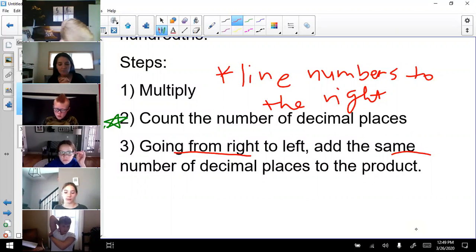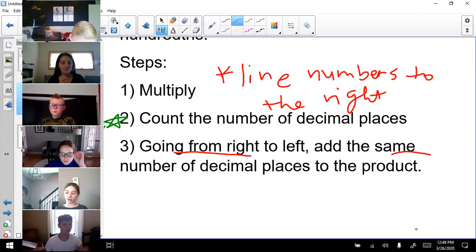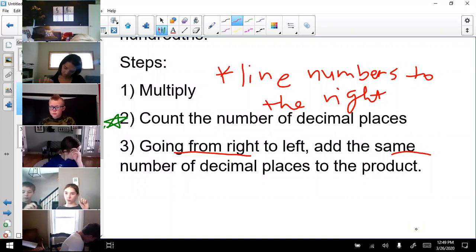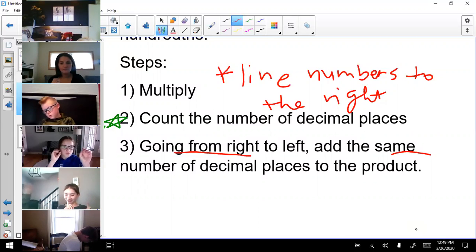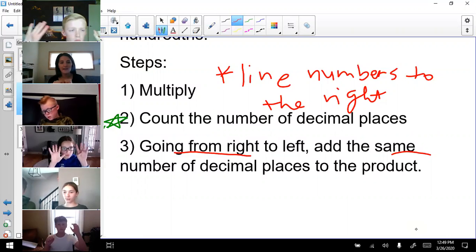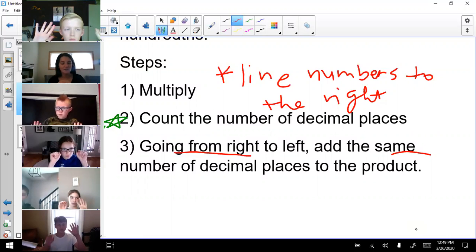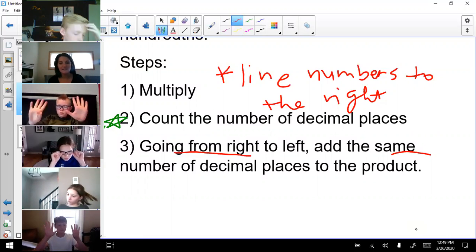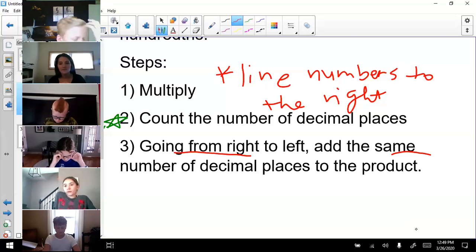Where should the decimal point go for 6 and 31 hundredths times 16? It should be between 0 and 9. Good. So it should be 196 hundredths.